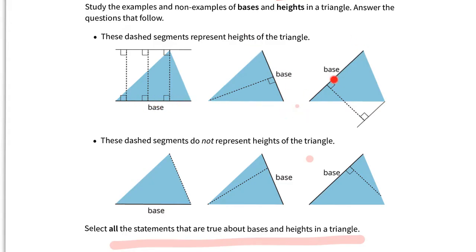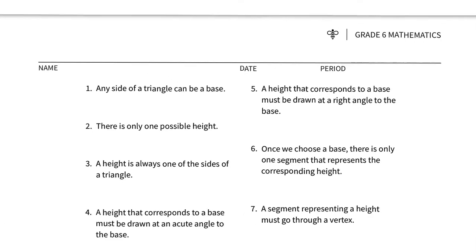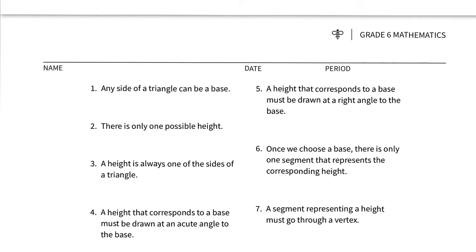They've given us an example where the base is every single side of the triangle. So clearly, that first statement, any side of a triangle can be a base, is a true statement. So I'm going to put true.